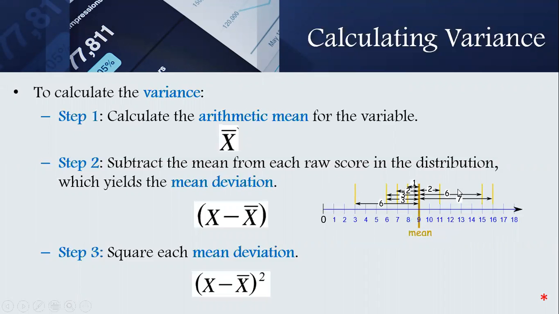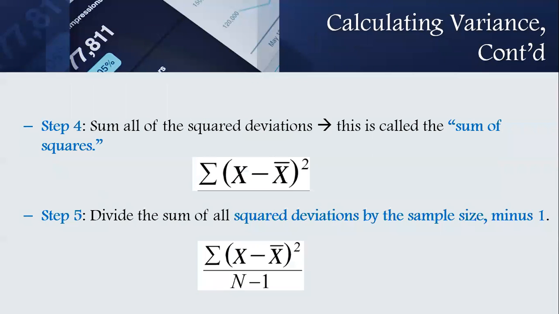In step 3, we would square each mean deviation. In step 4, we would sum all of the squared deviations. This is called the sum of squares. In step 5, we would divide the sum of all squared deviations by the sample size minus 1.